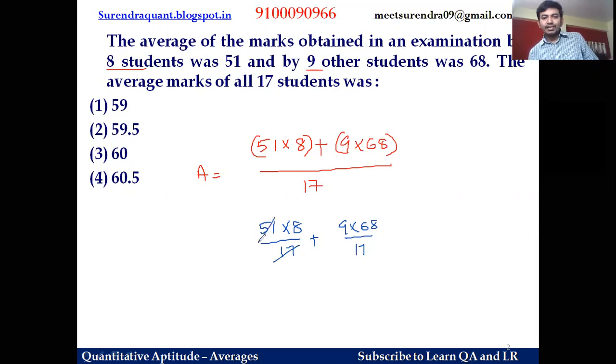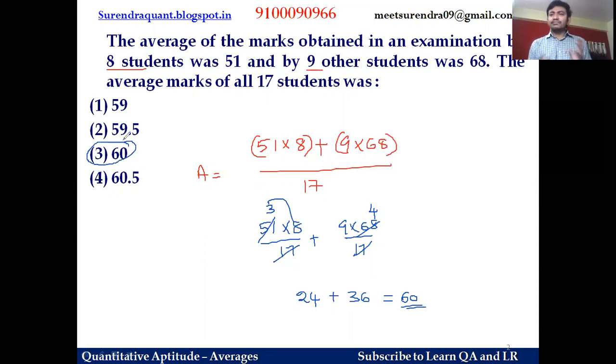Now 17 goes 3 times in 51. So 3 times 8, 24. What about this term? 17 goes 4 times here. 9 4s are 36. So the average marks of total is 60 marks. And that is option 3.